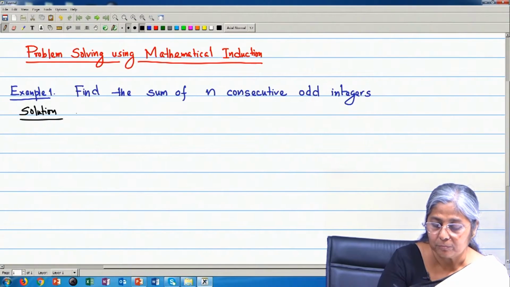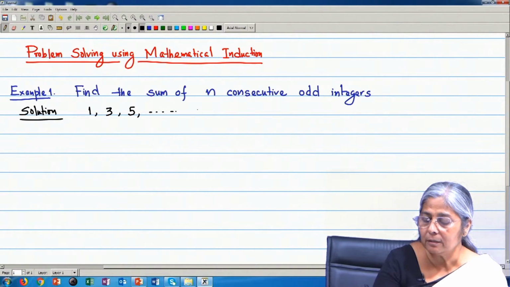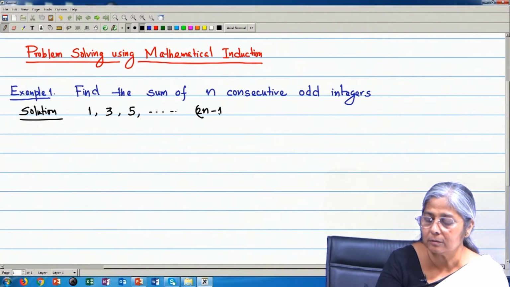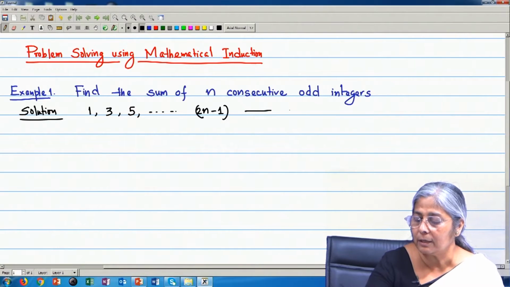We know that the consecutive odd numbers are 1, 3, 5, and the nth one is 2n minus 1. These are the n consecutive odd integers.